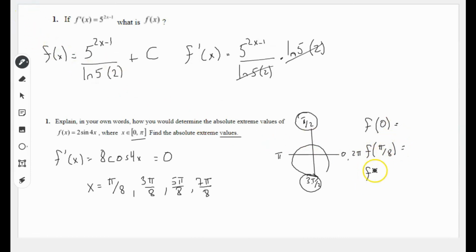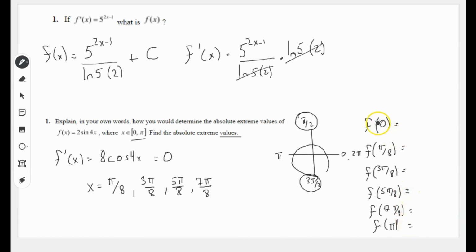We have 3 pi over 8, 5 pi over 8, 7 pi over 8, and pi, which is our endpoint, since it says all absolute extremes.